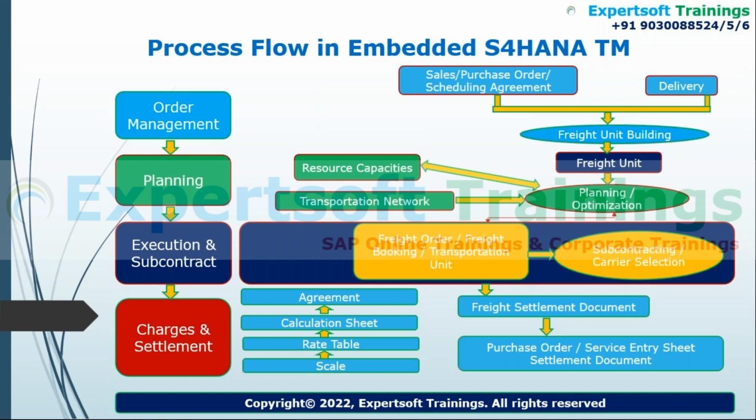So if I summarize what transportation management is, it is defined as the movement of the cargo from the source location to the destination location using a specific means or mode of transport and using a specific resource. So there are four terminologies I have used: source location, destination location, mode of transport, and resource.